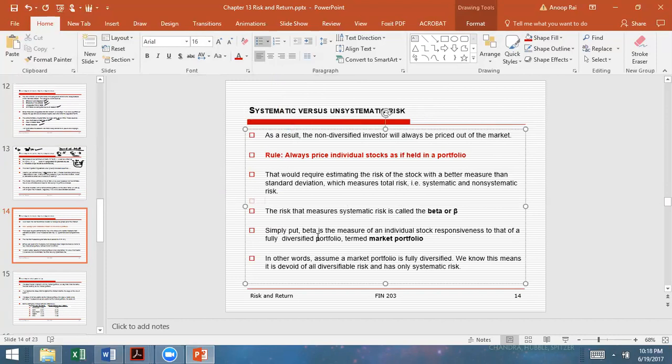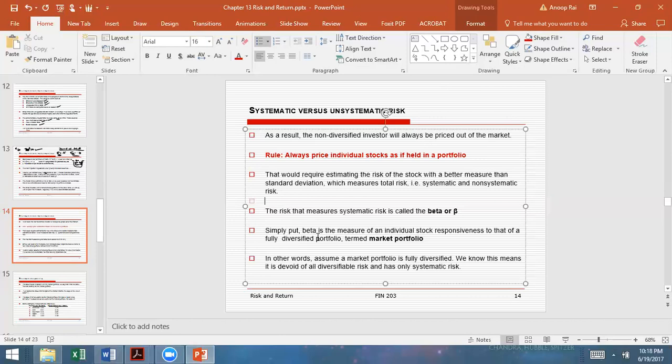Otherwise, Goliath is always going to beat you when it comes to the price. So you cannot measure the total return of the stock, which consists of systematic and non-systematic risk, or diversifiable and undiversifiable. You should only be talking about the undiversifiable risk.